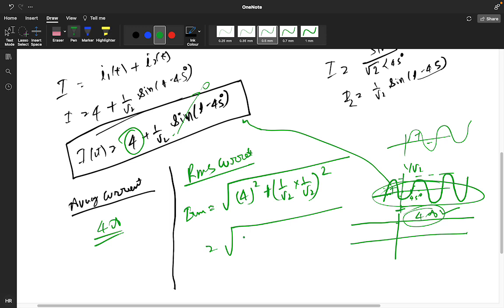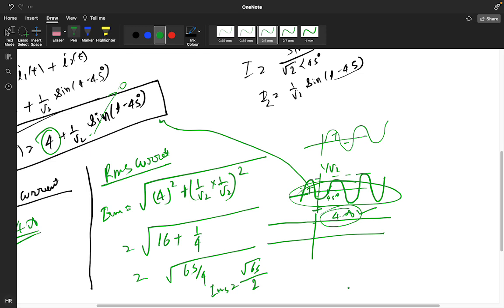This will become 16 plus 1 by 4. So how much are you getting? 65 by 4. So root under 65 by 2 is your IRMS.